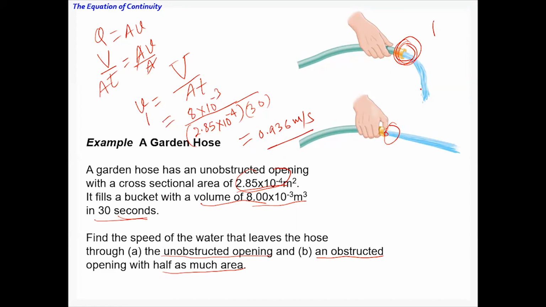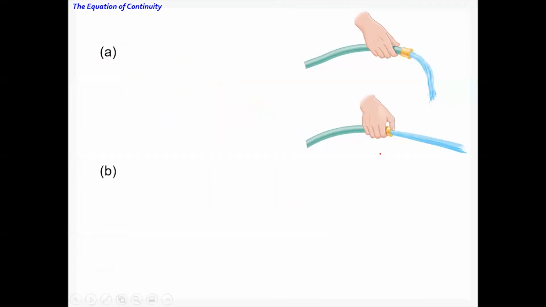Then let's figure out the velocity here, V2. For that, we use the equation of continuity: A1 V1 equals A2 V2.